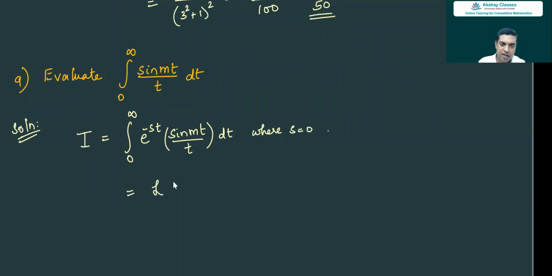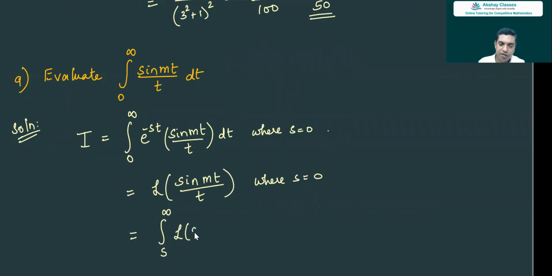So this is the Laplace transform of sine mt by t, and then put s equal to 0. So when you divide by t, it is the integral from s to infinity of the Laplace transform of sine mt.